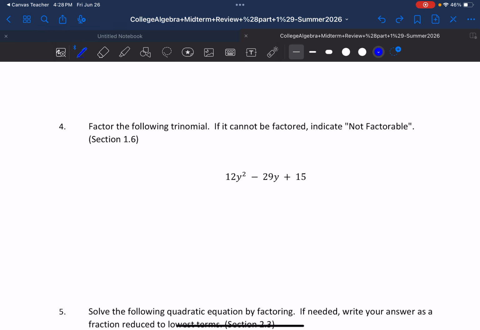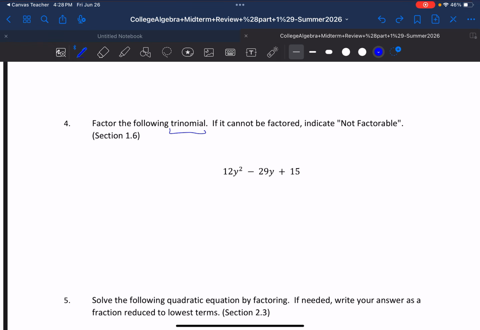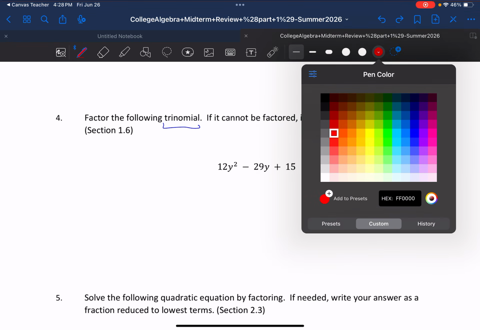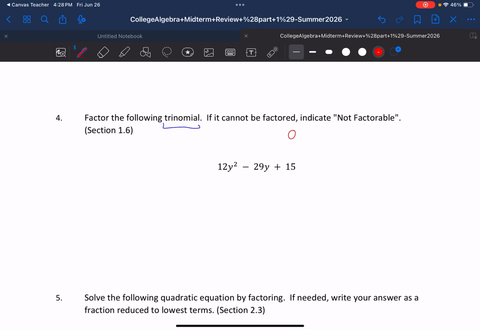But this one is a trinomial, which means 3 terms. And we have a y squared and a y and then a constant. So this is actually the form of a quadratic. This is a quadratic trinomial.